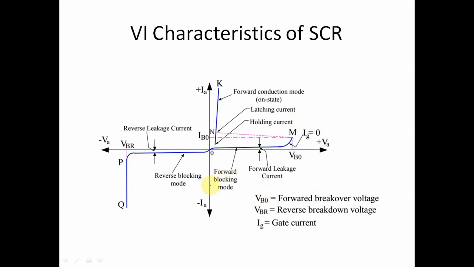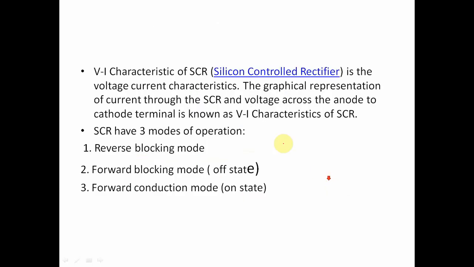The first one is the forward blocking mode, the second one is the forward conduction mode, and the third one is the reverse blocking mode. Look here, the VI characteristics of SCR is the voltage-current characteristics. The graphical representation of the current through the SCR and the voltage across the anode to cathode terminals is known as the VI characteristics of SCR.